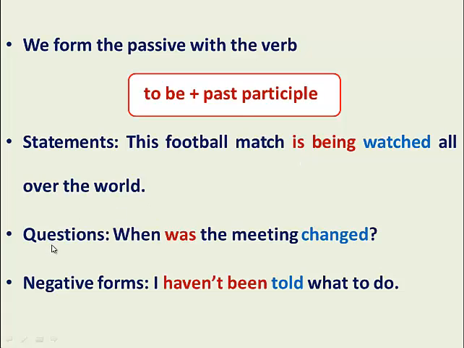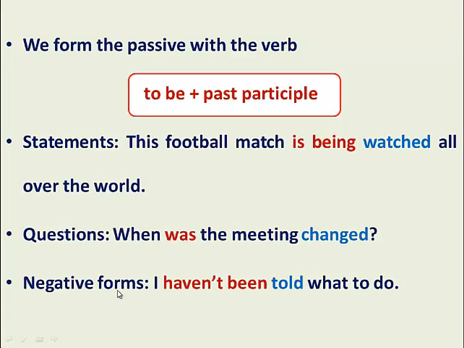In questions, for example, when was the meeting changed? We have the verb to be in the simple past, was, and then the past participle of the verb change, changed. So, was changed is a verb in the passive voice used in a question.